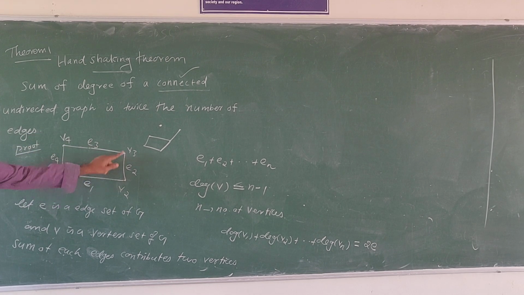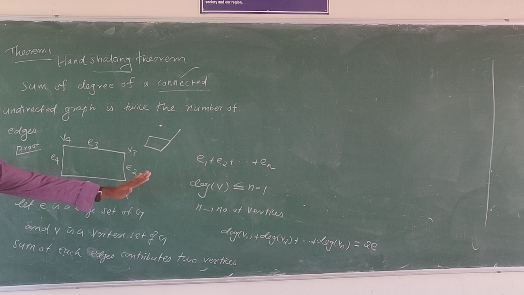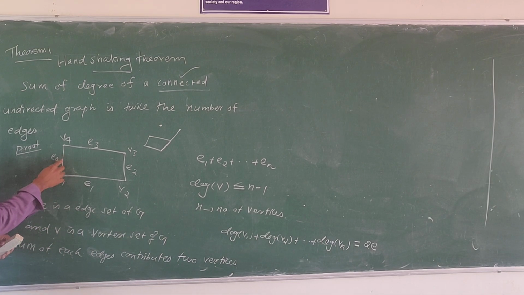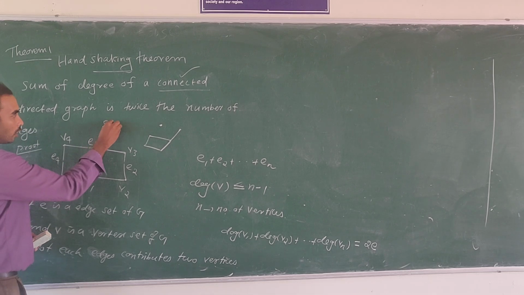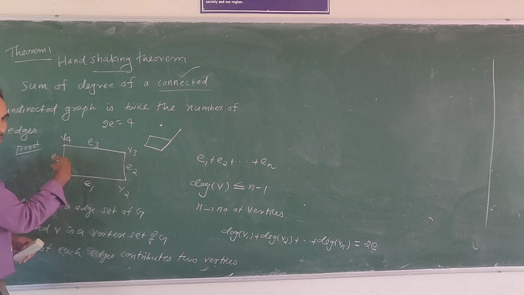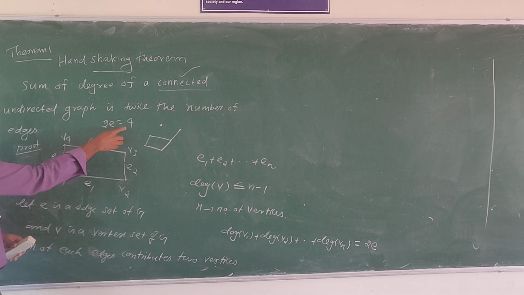Degree of V2? 2. Degree of V3? 2. Degree of V4? 2. So the sum of the degrees should be equal to twice the edges. Because how many edges are there? 1, 2, 3, 4 edges.